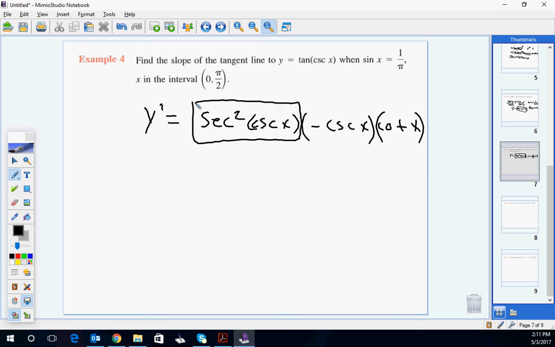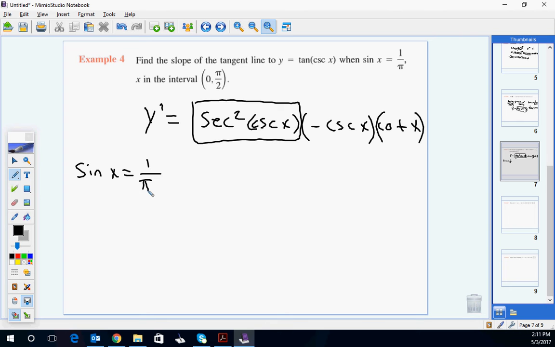And so we want to look at it for when sine of x is 1 over pi. What does that mean? This might have been something we haven't really talked about, but we need to figure out essentially what is x at that point.